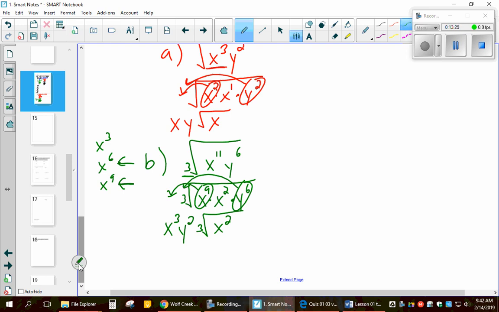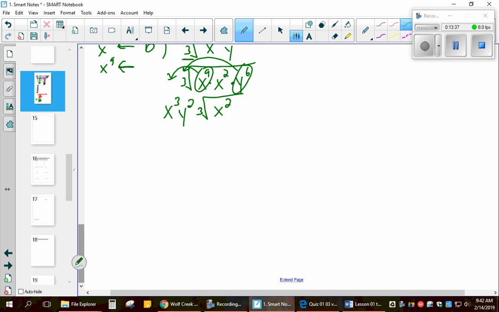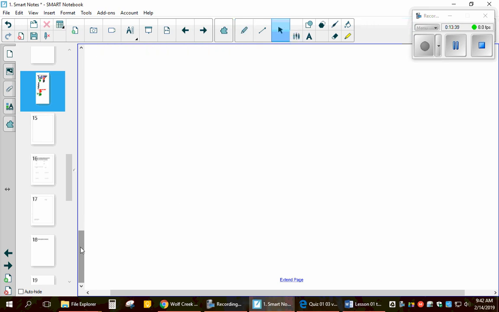And then, yeah, I'll just throw a couple more examples at you. So, 3, I'm going to say simplify with coefficients.